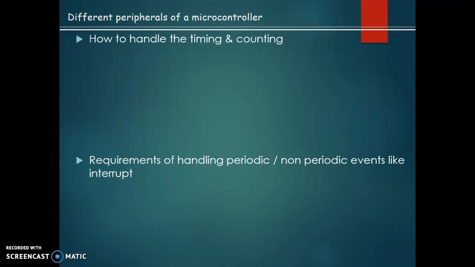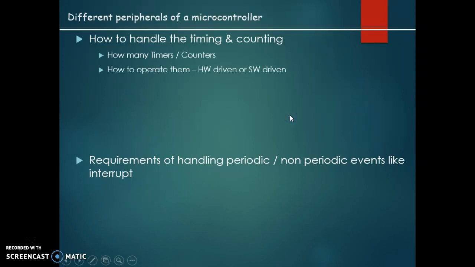Then the next thing is about your timing and counting. How you are going to handle the timing part, and how you are going to count the external events, those things depend on timers and counters. So you need to find out how many timers and how many counters you may need for your application, and how you would like to operate them.